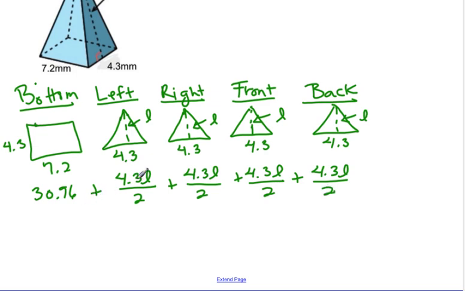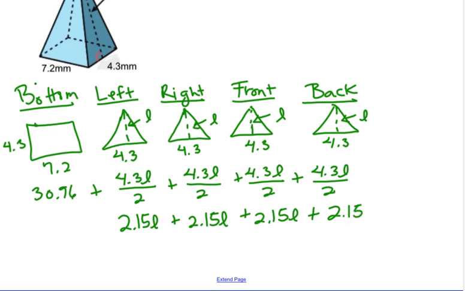All right, so the first thing that I would do is I would actually divide 4.3 by 2 and simplify it. So 4.3 divided by 2 is 2.15. So now you have 2.15L plus 2.15L plus 2.15L plus 2.15L.